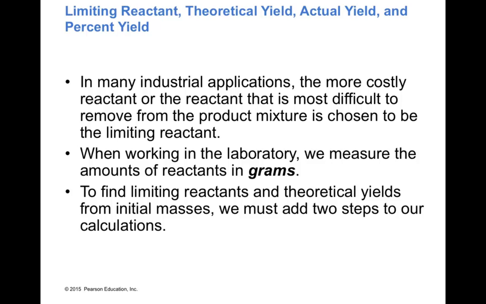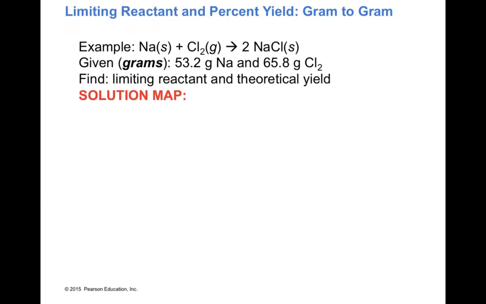So let's see another example. 2 moles of sodium plus 1 mole of chlorine will produce 2 moles of sodium chloride. Now we have grams, so we need to go from grams of sodium to moles of sodium, then to moles of sodium chloride, and finally to mass of sodium chloride. And it's going to be the same with chlorine.